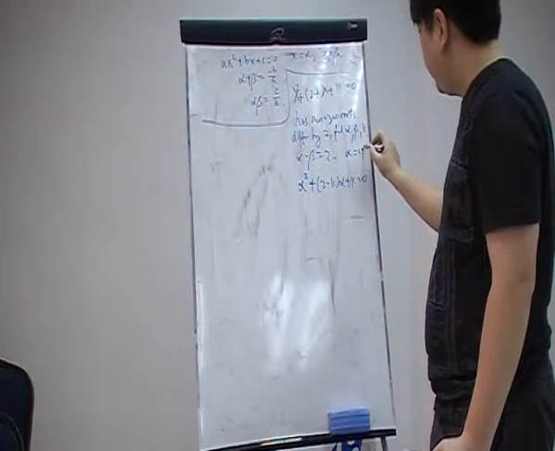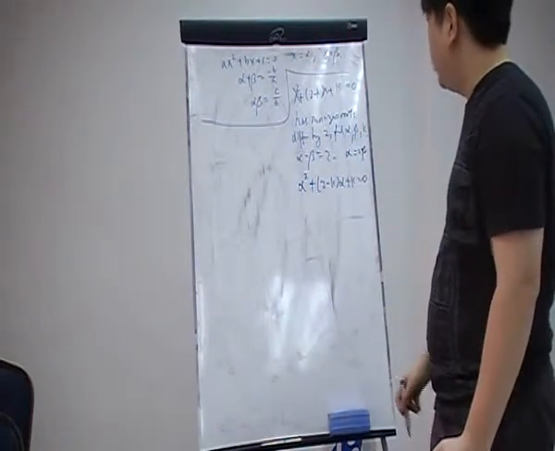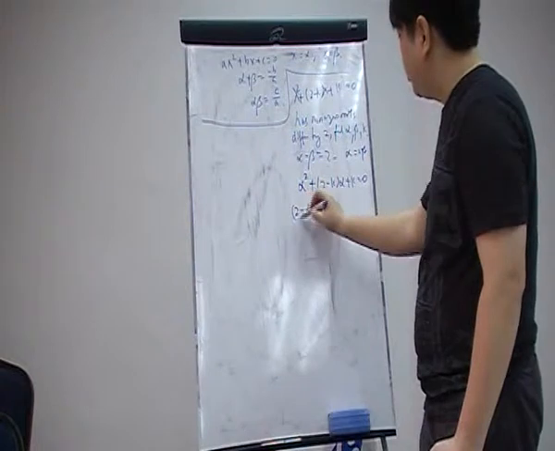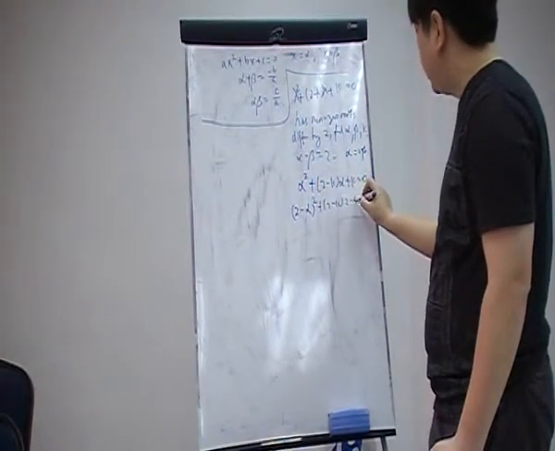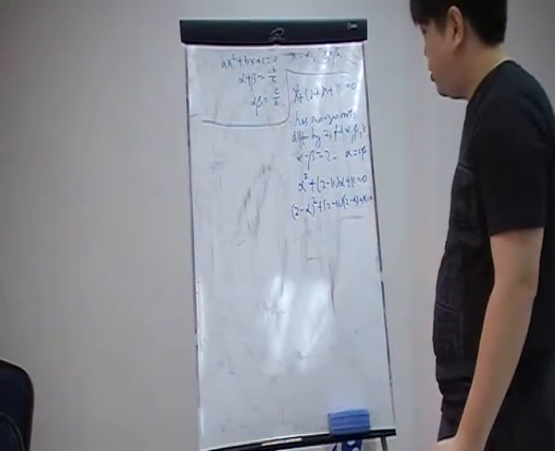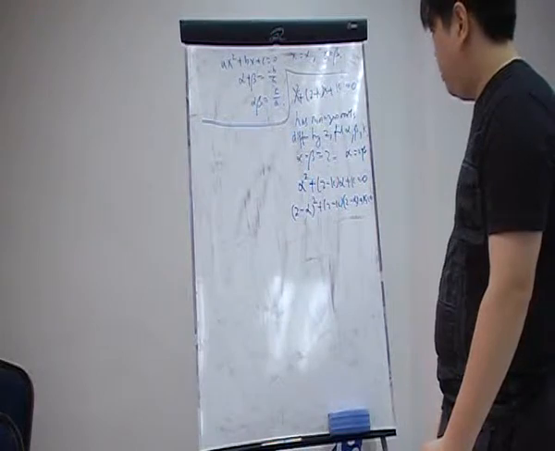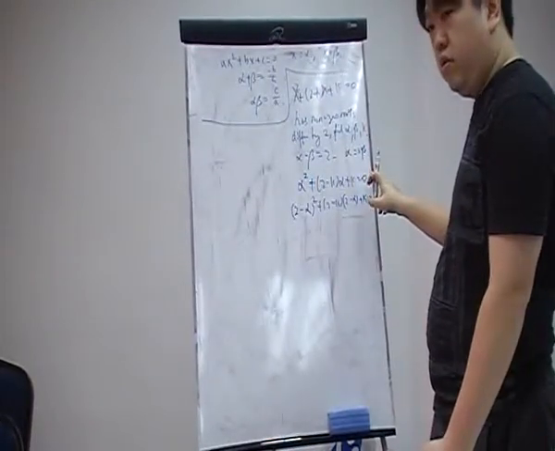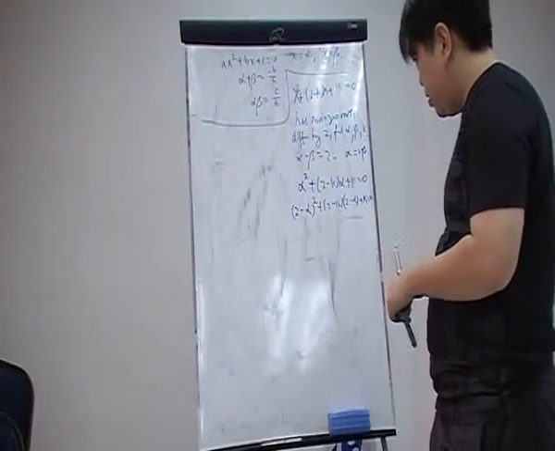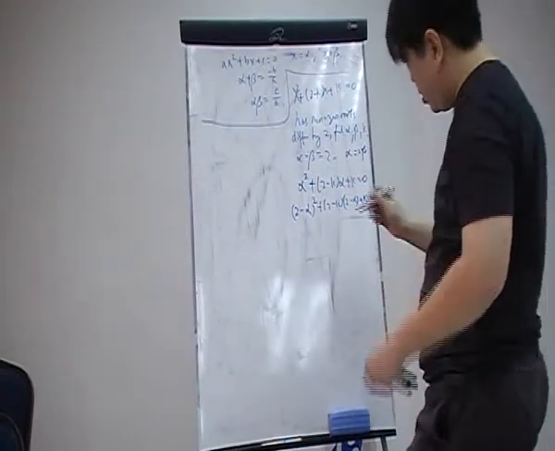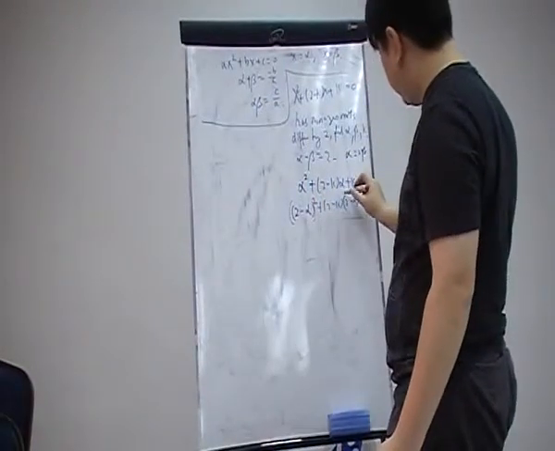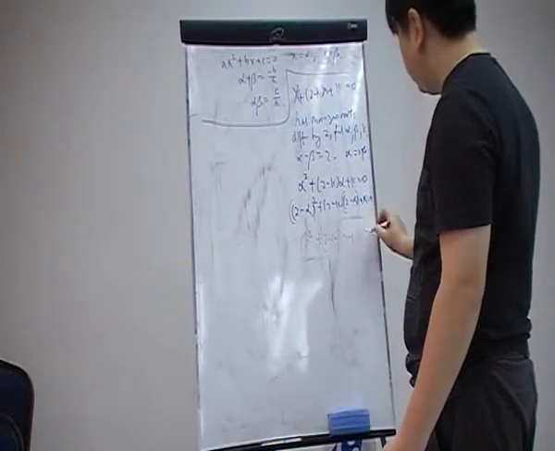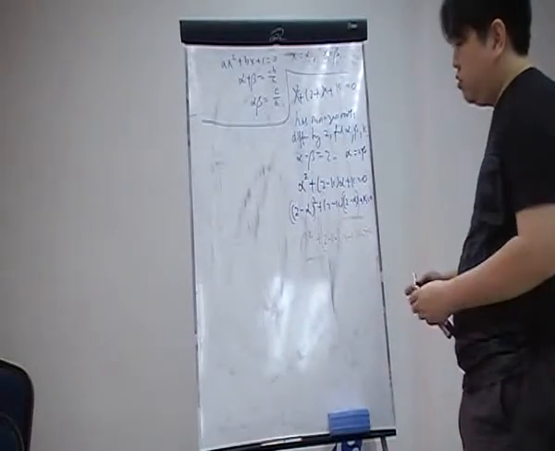So alpha equals 2 plus beta, so beta equals alpha minus 2. Then beta squared plus (2 minus k) beta plus k needs to equal 0, and beta is substituted by alpha minus 2.